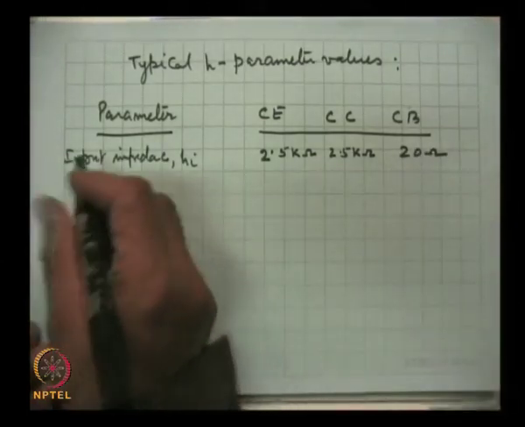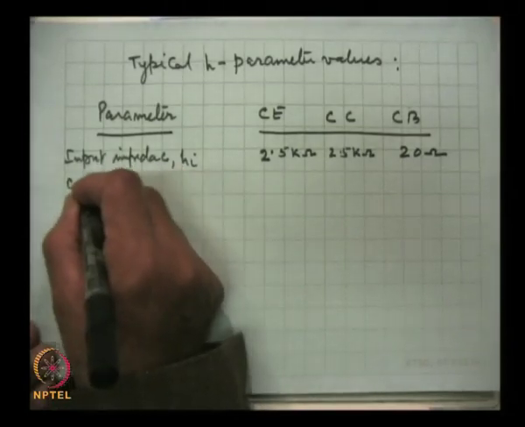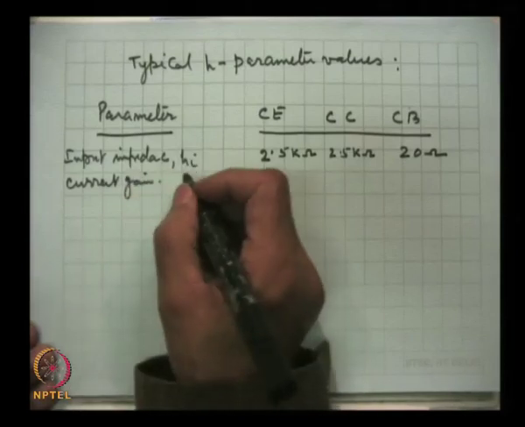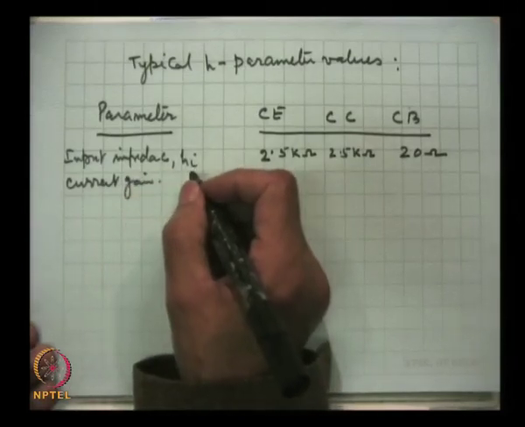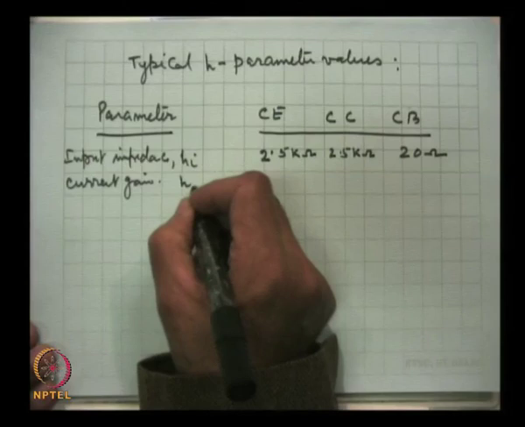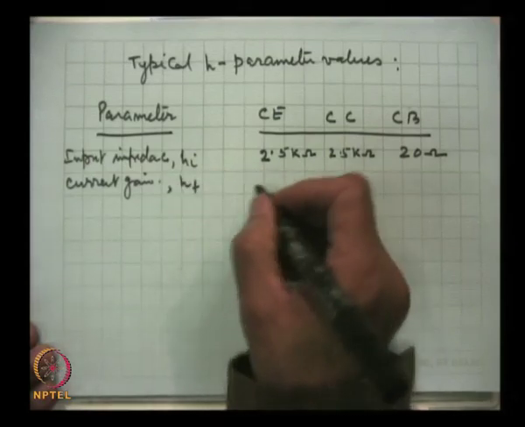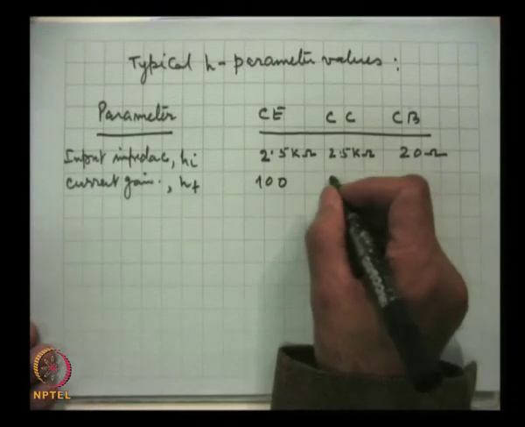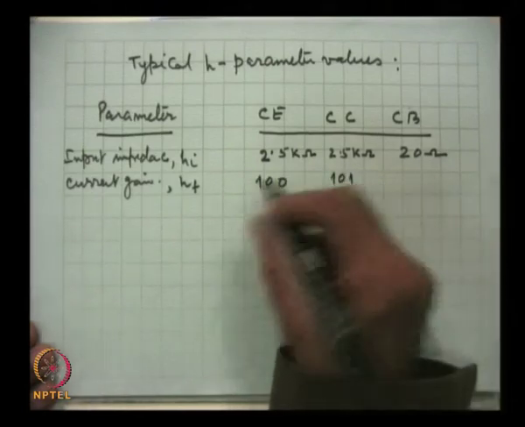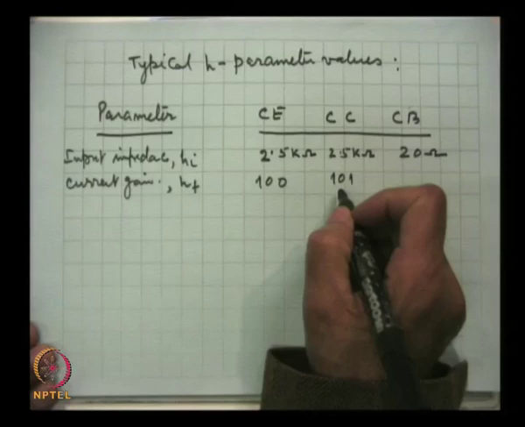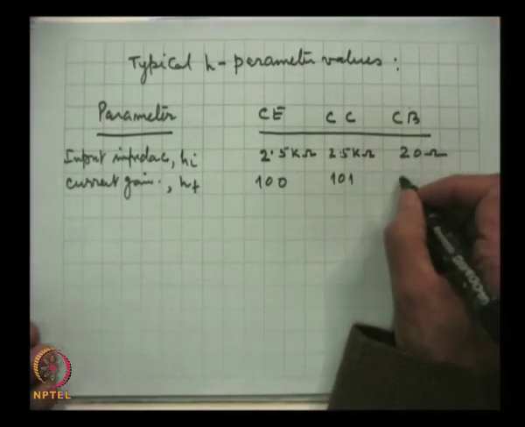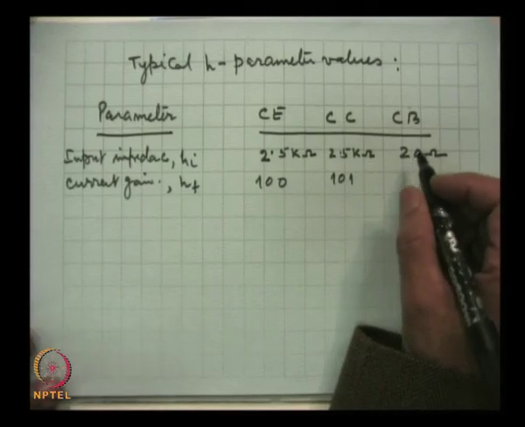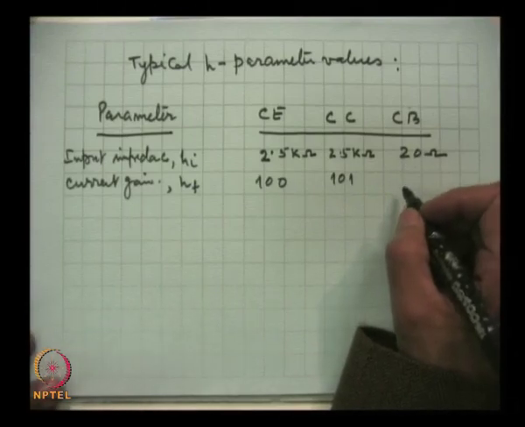And the current gain HF: this is around 100, here 101, the same as for common emitter, but this is the current gain. You remember alpha in the common base, which is close to 1 but less than 1.